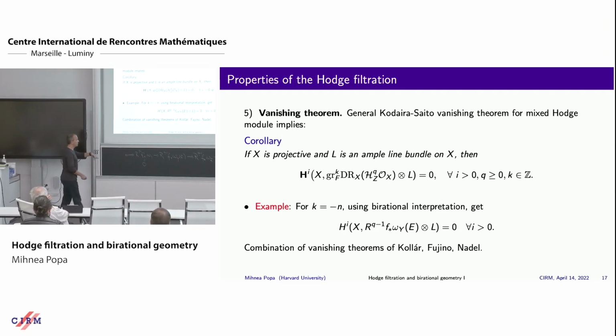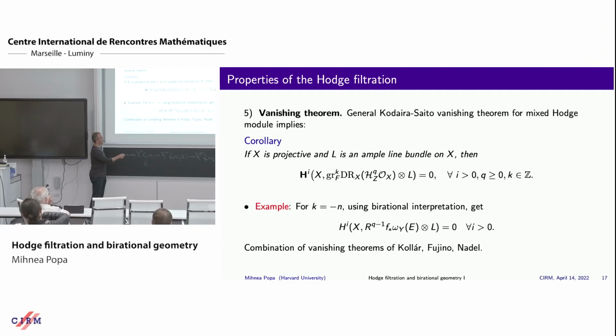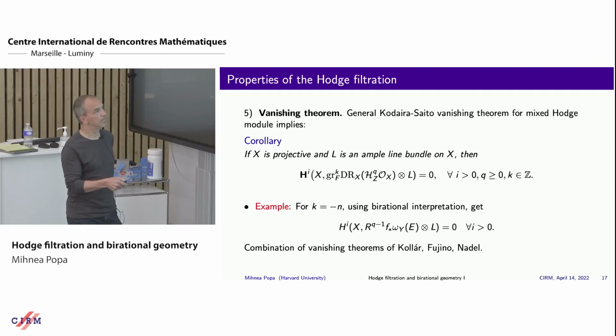For higher direct images, Kollár gave a famous theorem about the generalized Kodaira vanishing, about direct images, and in this form, this is due to Fujino. So this is Fujino's generalization of Kollár's vanishing theorem. So again, it's a kind of well-known tool in birational geometry. It's the simplest case of vanishing for the local cohomology Hodge modules.